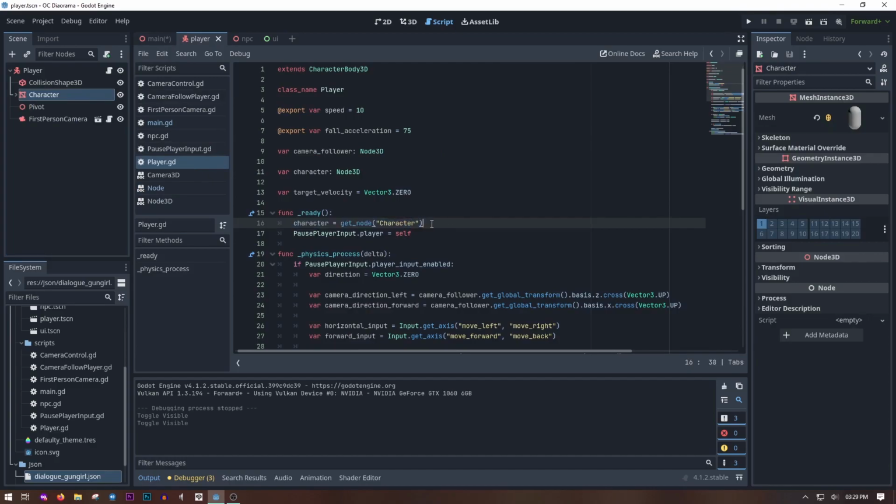So I'm a little unclear as to why this is the way it's done. It could be an exported character variable that I would drag the mesh instance into, and I wouldn't need to do it on ready, but I guess on ready is fine as well.